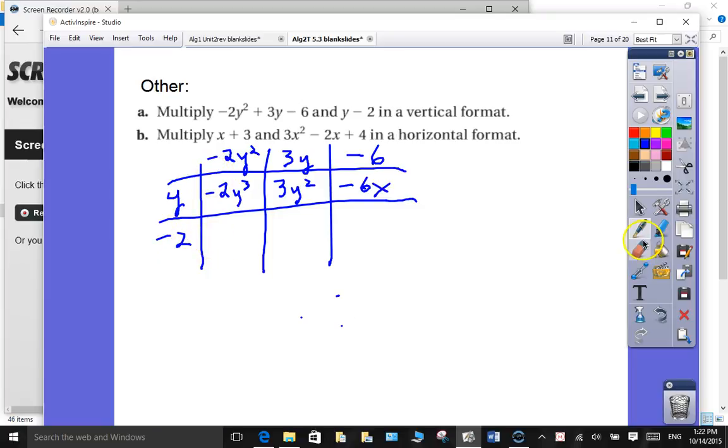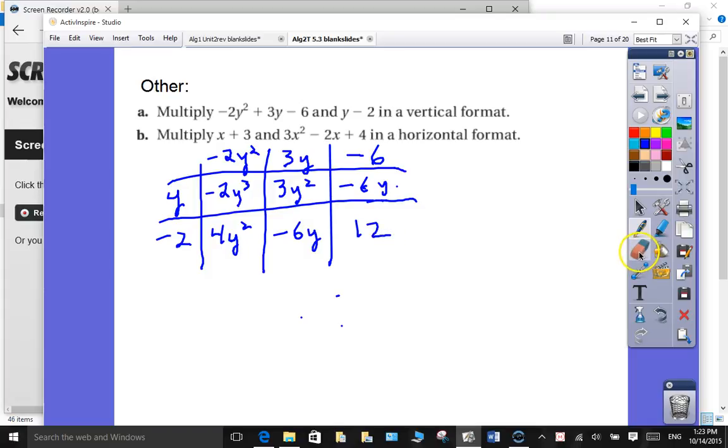Oh, I made a mistake. Should have been a y. Okay, and negative 2 times negative 2y squared, positive 4y squared. And negative 2 times 3y, negative 6y. And negative 2 times negative 6, 12.